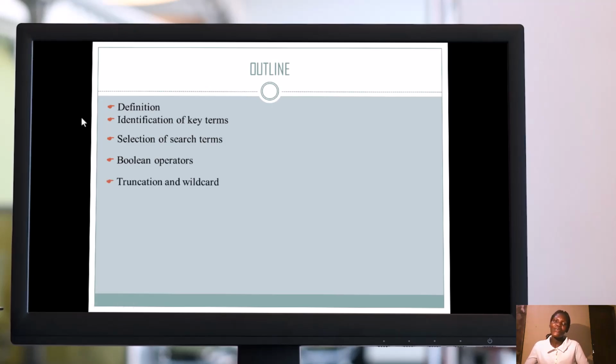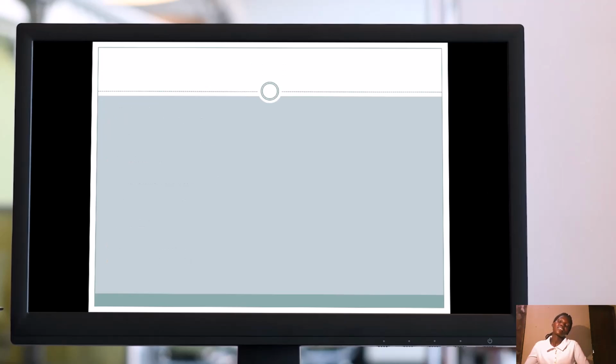As we go along, you will know what a Boolean operator is, and then truncation and wildcard. We will explain them all and move together. Phrase searching. We'll also be looking at search by voice, and then search by definition. We'll also look at filters and limits.